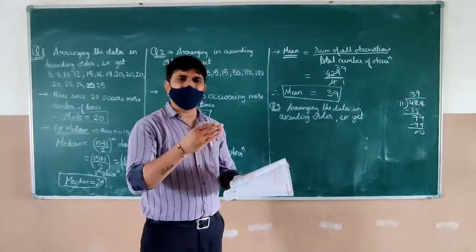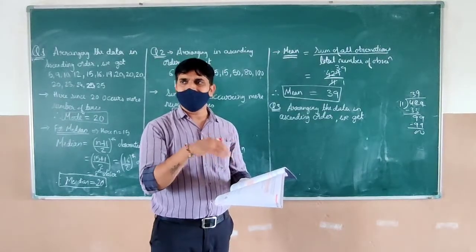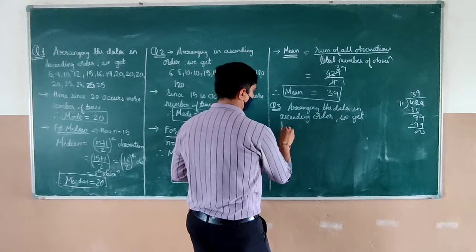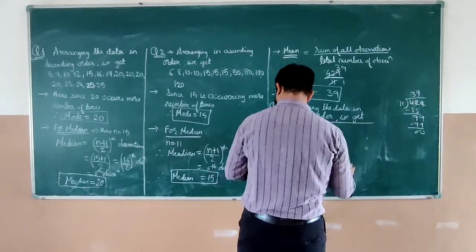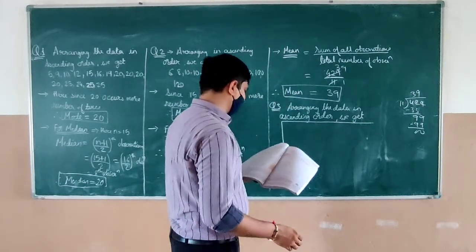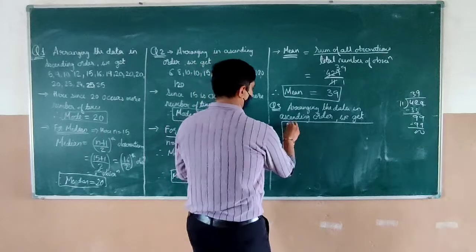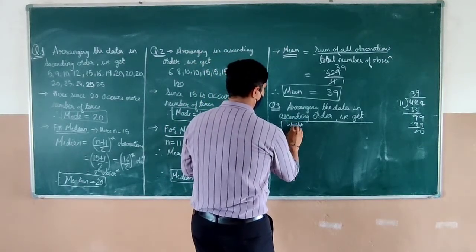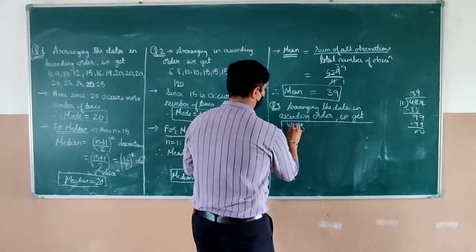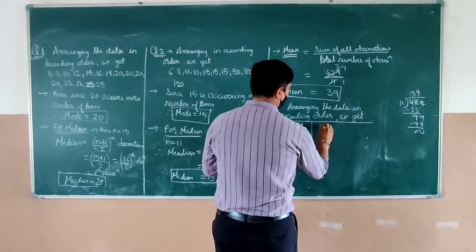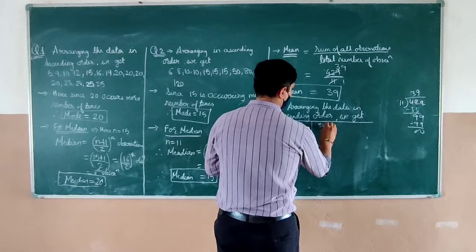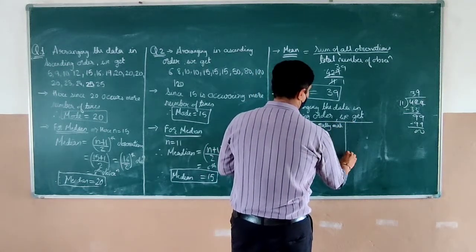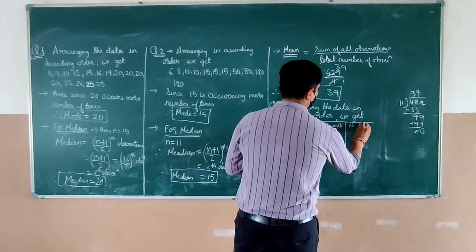Okay, write it in the table form. What is it? Weight in kg of 15 students. So we will write weight in kg, and here tally marks, and here number of students.